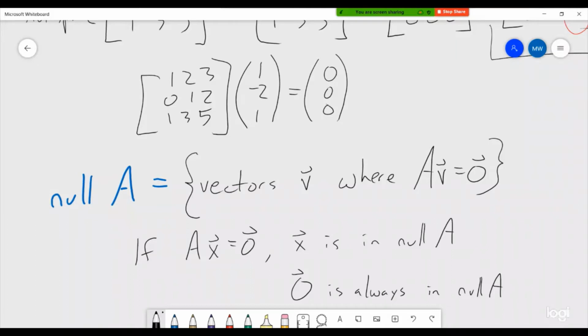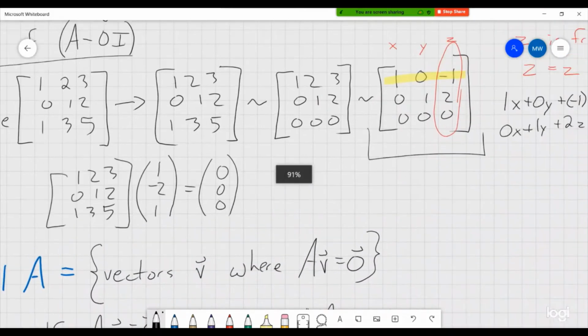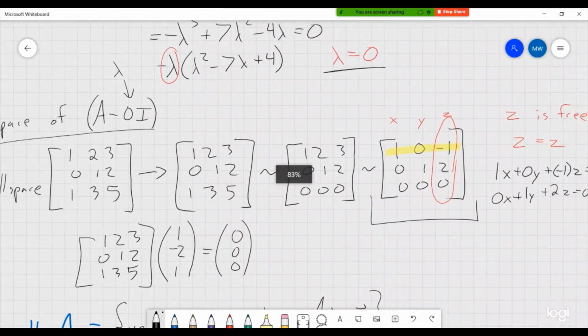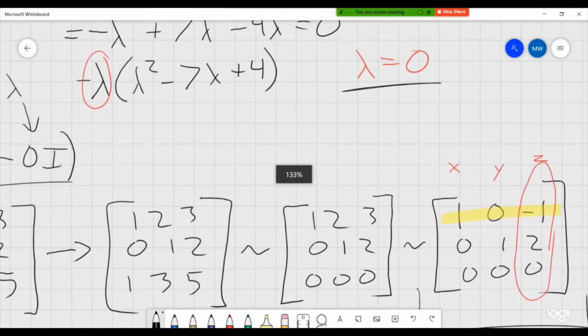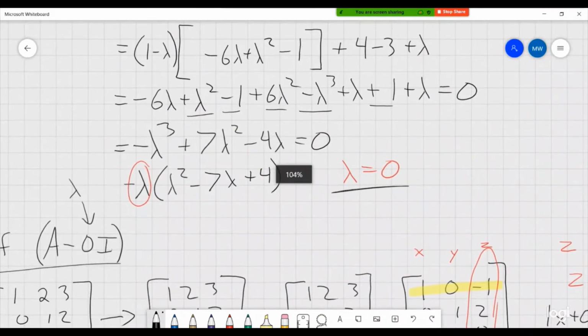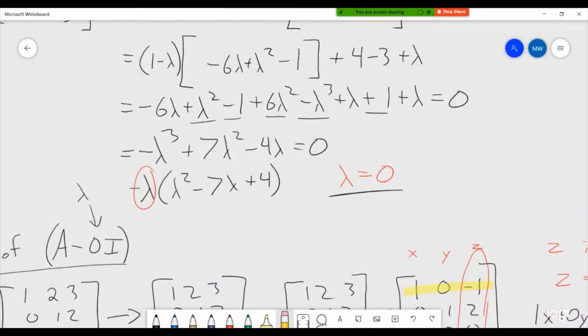So in theory, there are 2 more values that we would get for lambda after we find the roots. Is that true? That is true. If we went back to when we were factoring this, there are 2 other roots we would be able to find.